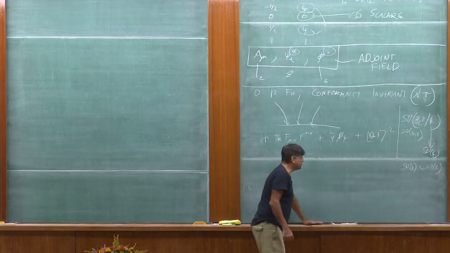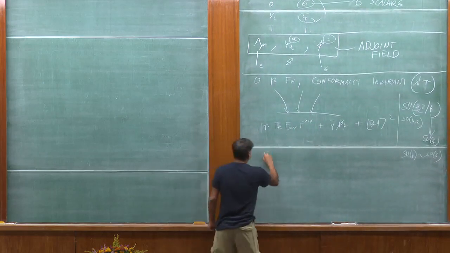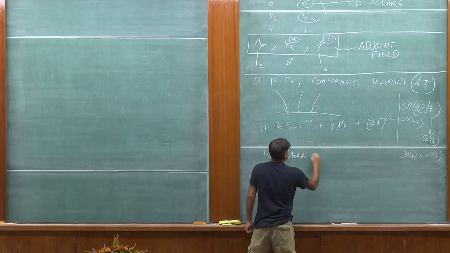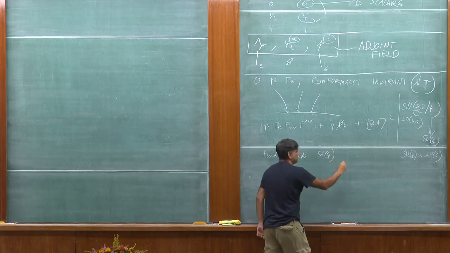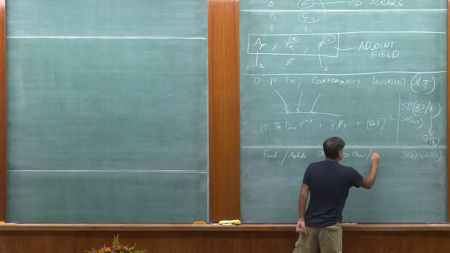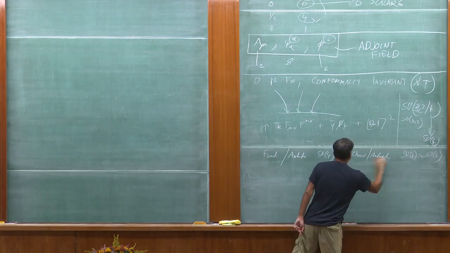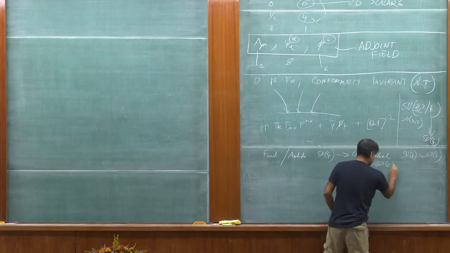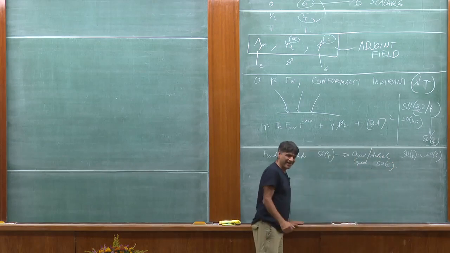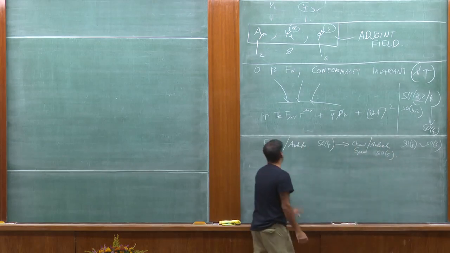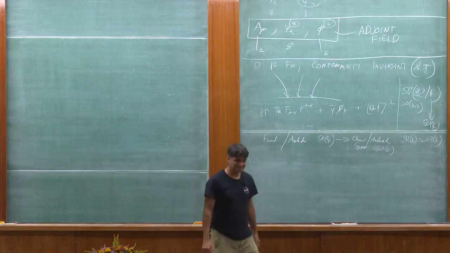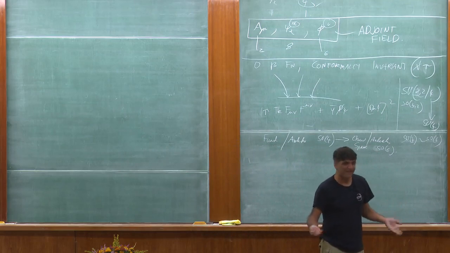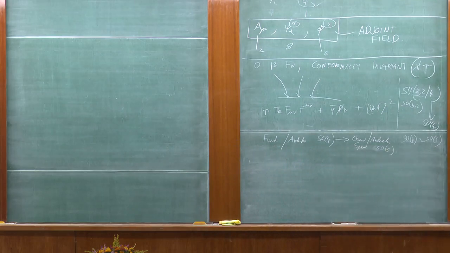And the way it works is that the fundamental or antifundamental of SU4 maps to the chiral or antichiral spinor of SO6. On the other hand, the adjoint of SU4 maps to the adjoint of SO6, which is antisymmetric tensor, and so on.